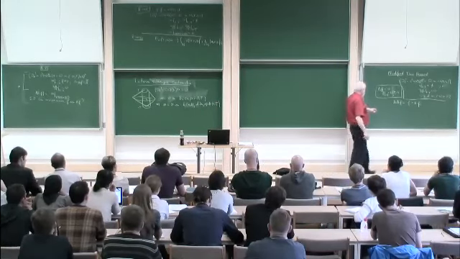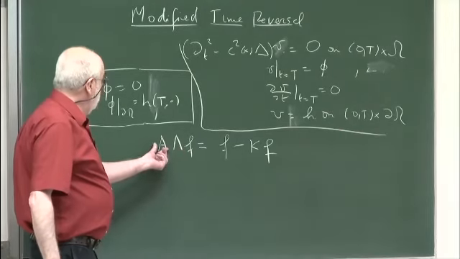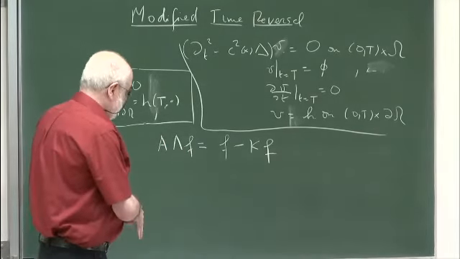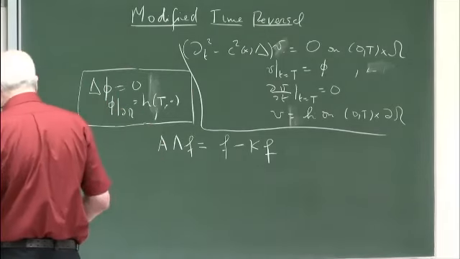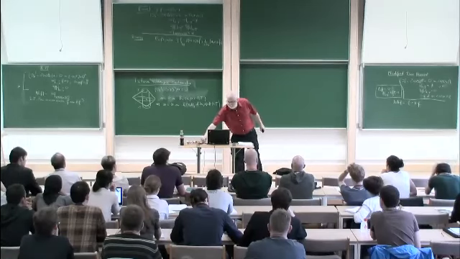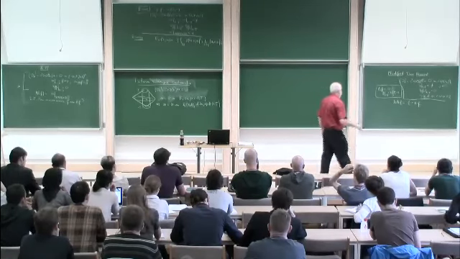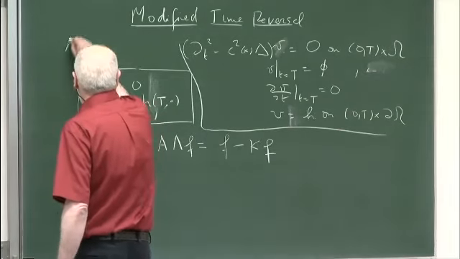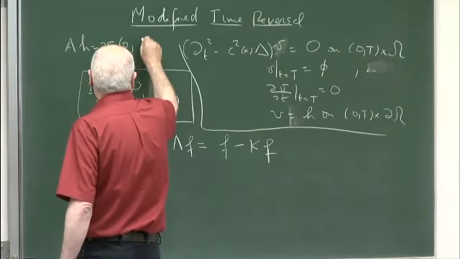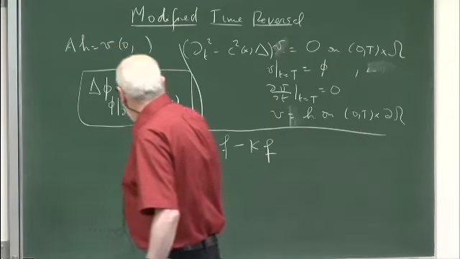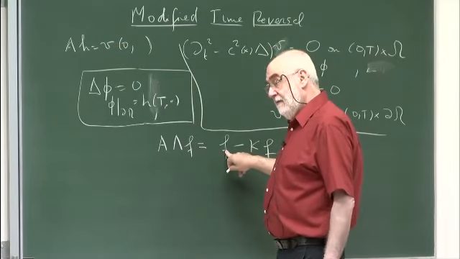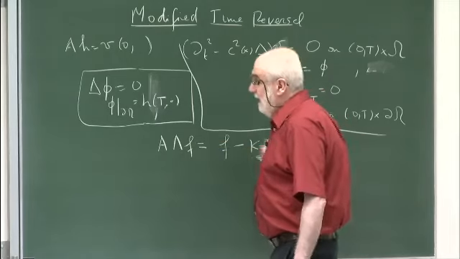Okay, so when you apply this is the data, you apply the modified reversal operator, which is A. So I should have written it down here. B at 0. When you apply this operator to the data, you get back F. So it's an inverse, but you get an error.